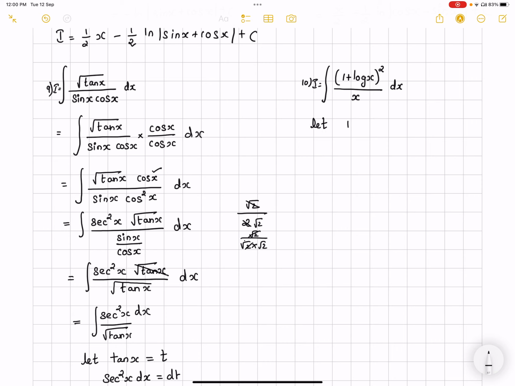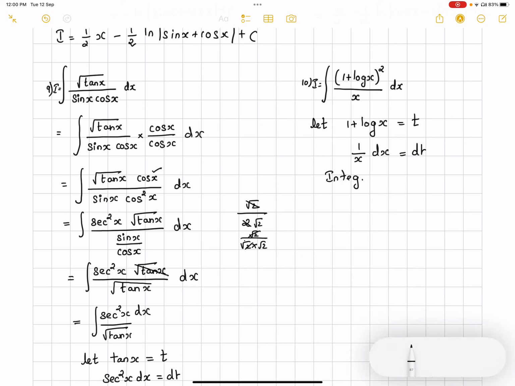Let 1 plus log x be equal to t. Then in that case, I get 1 by x dx is equal to dt. Done. Now we are integrating both the sides. Let me just substitute.